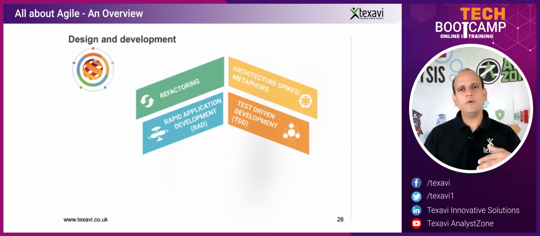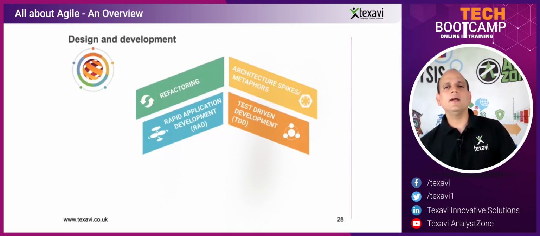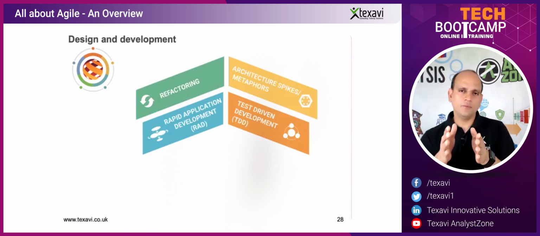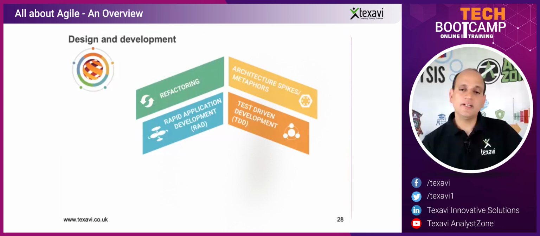So whatever we develop, even if we're just developing one module or one particular task, you need to make sure it is tested thoroughly, and then you deliver it. You're only worried about that thing you're working on, not the other aspects of it. So test-driven development, again, very important Agile approach.